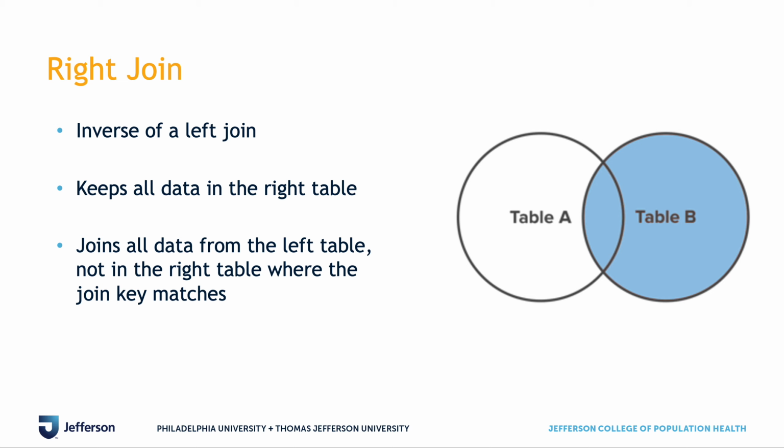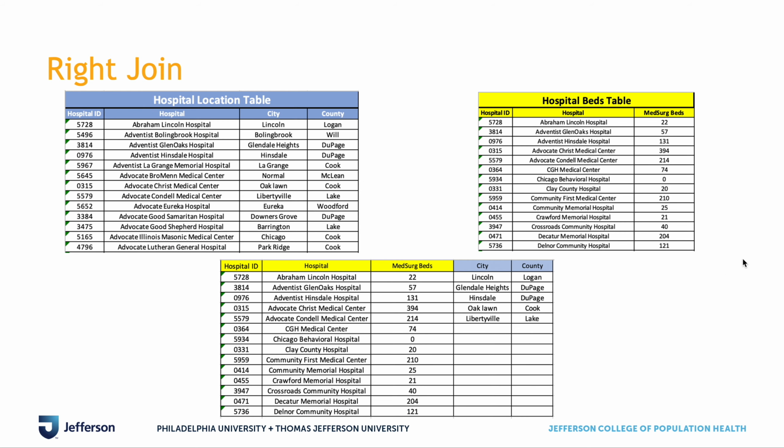And lastly, the right join. This is the complete inverse of a left join. It's essentially the same thing as just switching the order of the left table and the right table. So, we'll go over here and show you that these are in the same exact order, but if we performed a right join, we would just join over all of the data from this table onto the beds table where it intersects.